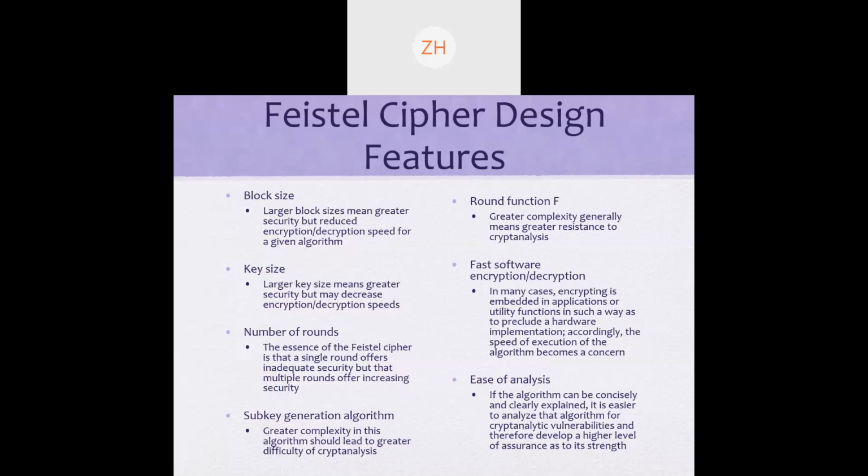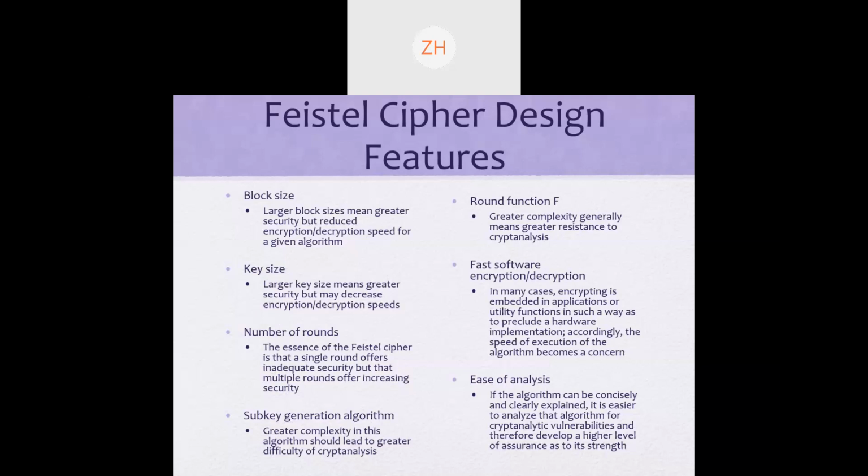But in our case, in the last exercise, we didn't go for the sub key generation algorithm. We just reused the key for every round, to make it easy to trace and understand the concept.